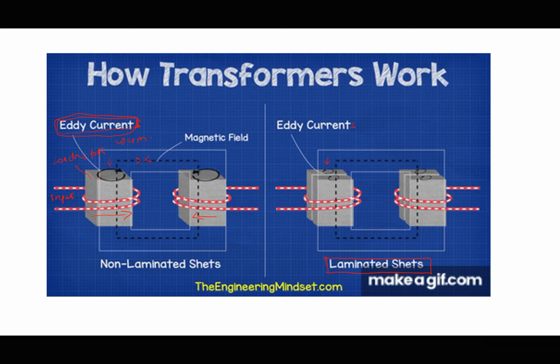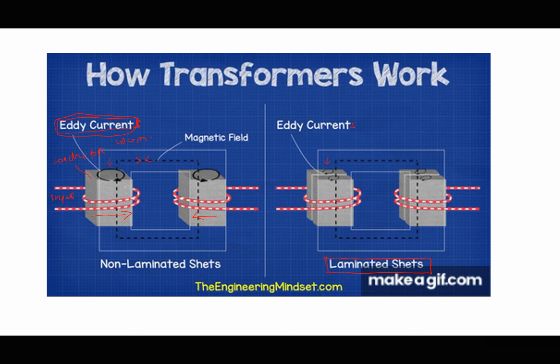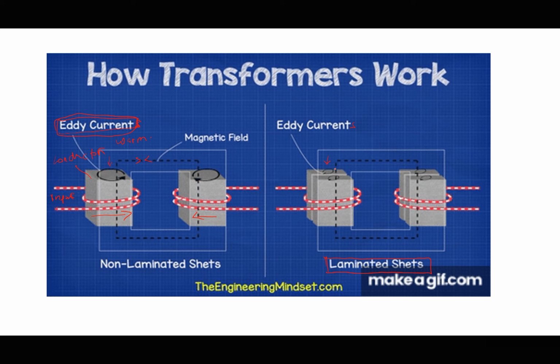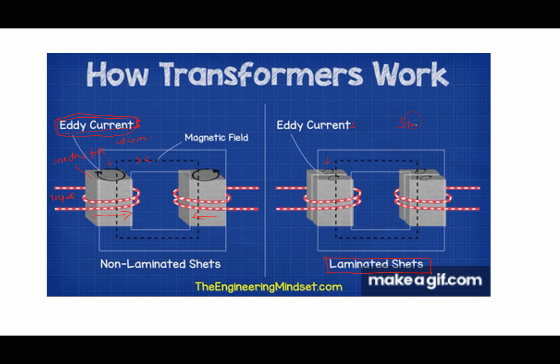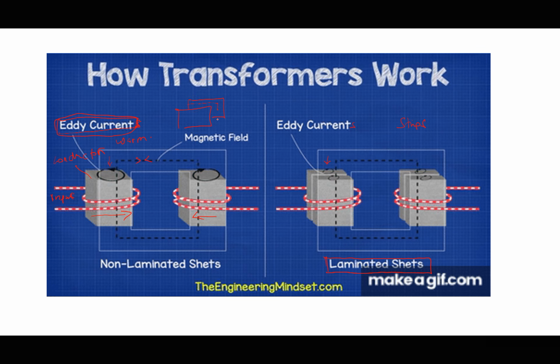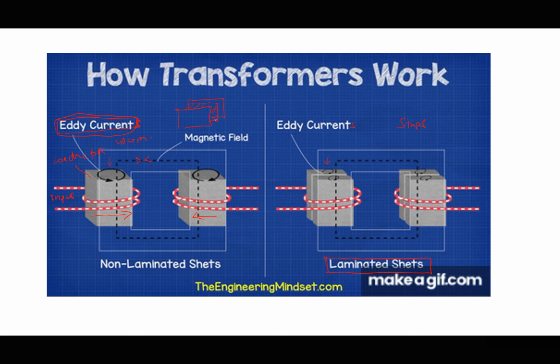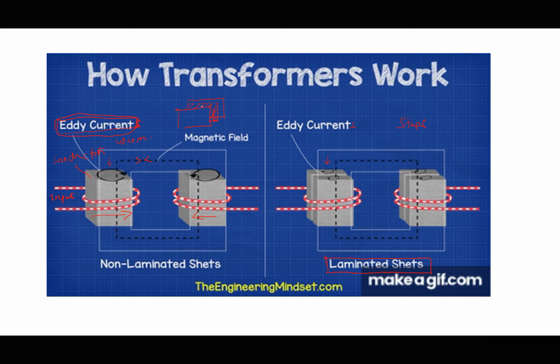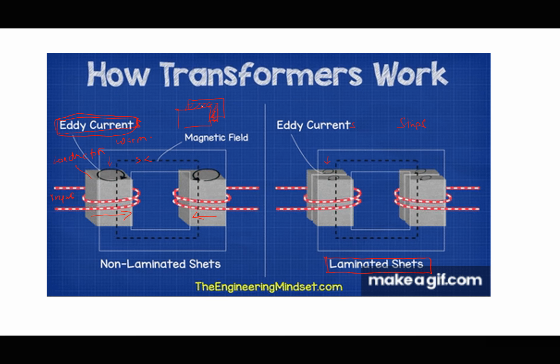Instead of having just one big plate of soft iron core, we break it into strips, and between one strip and the next strip we put an insulating material before we put them together, so that the eddy currents, which are gentle, do not add up to have a very large effect on the transformer. That's what we shall call laminating later on.